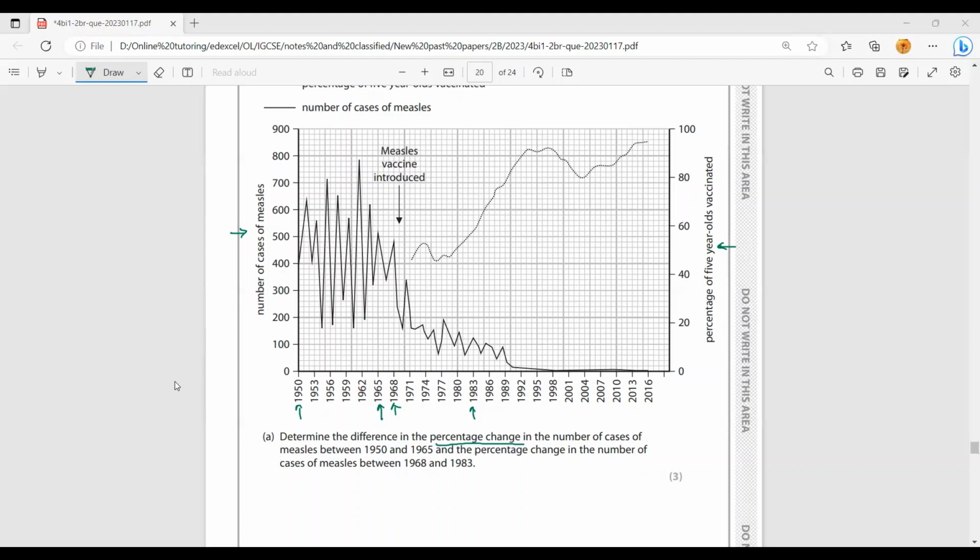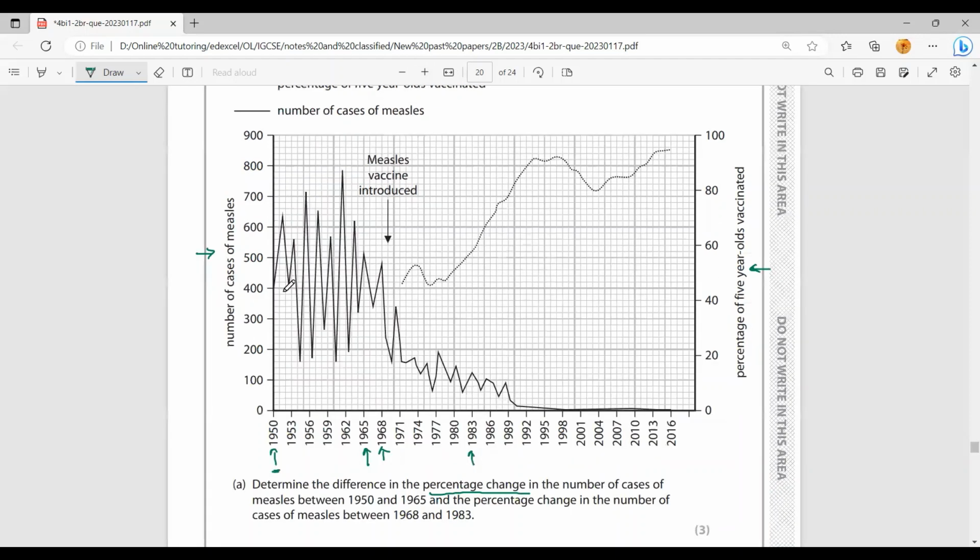Like 600 in 1950. No, it's not 400. It starts from here, Lily. 400. Look, the line is thick, and 400. Okay, and 1965.